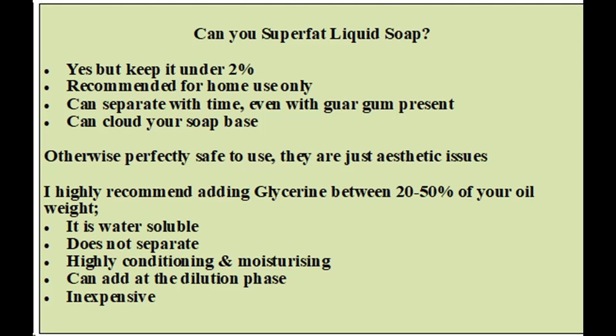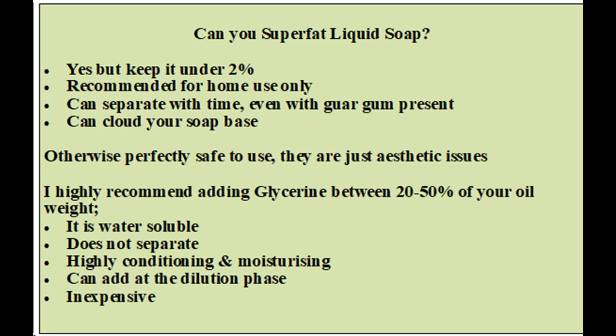If you're looking to superfat effectively without using a superfat like a carrier oil, I would recommend using glycerin, because it is water soluble. It doesn't create any superfat. It doesn't cause any separation. It's very high in conditioning and moisturizing properties.